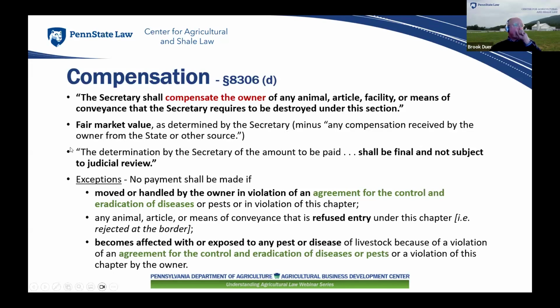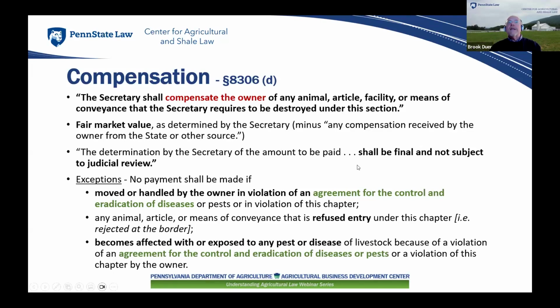Now, of course, fair market value of a diseased bird is nothing. So this is the fair market value of this particular animal at its age and development, if it had not been exposed to this particular disease.